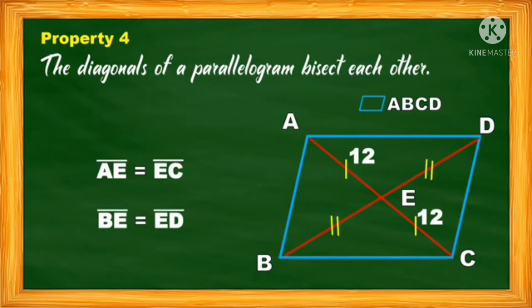In diagonal BD, if segment BE is equal to segment ED, and if BE is 14, what is the measure of ED? Correct. It is also 14.